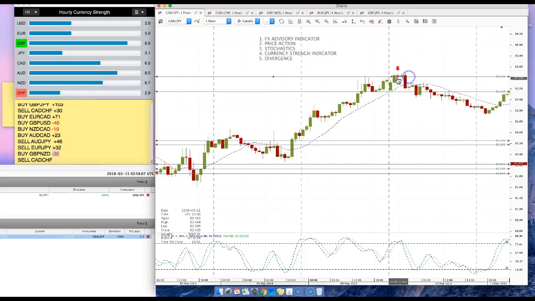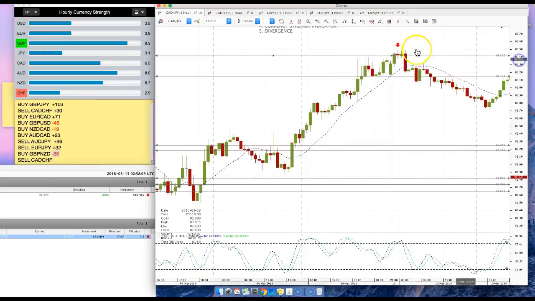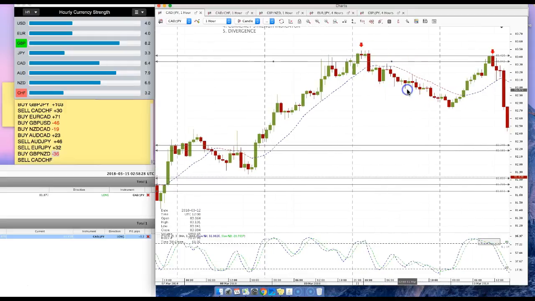Now, of course, I would have taken this trade also based on this bearish engulfing candle, but if you're just trading based on the 1 hour scalp system, then the entry would have been here, 83.34. There's your trade.